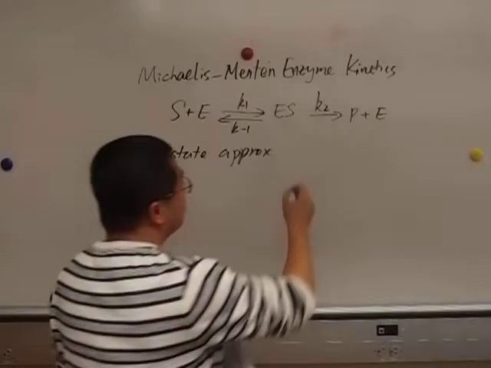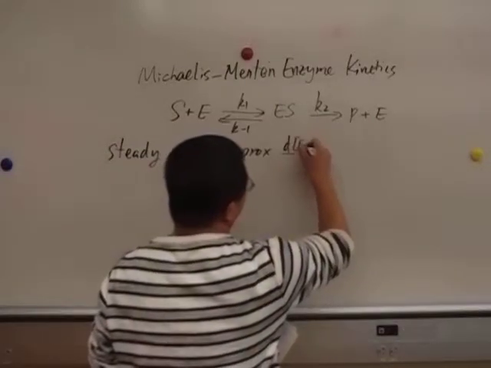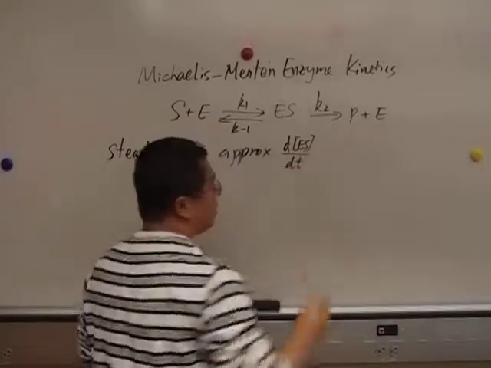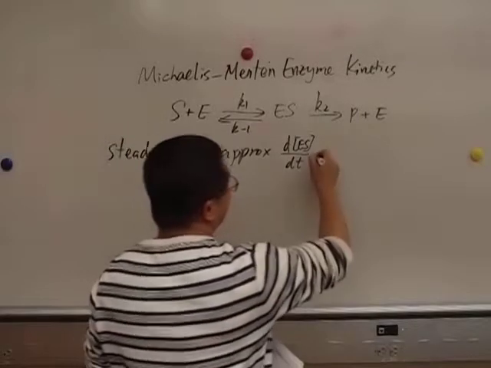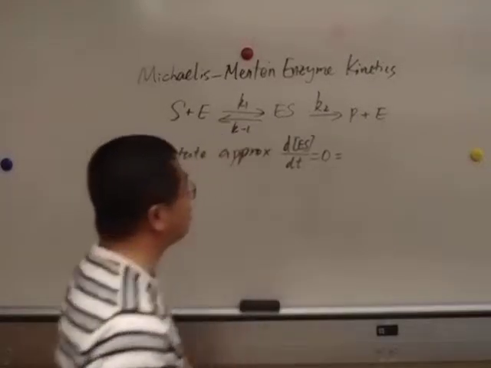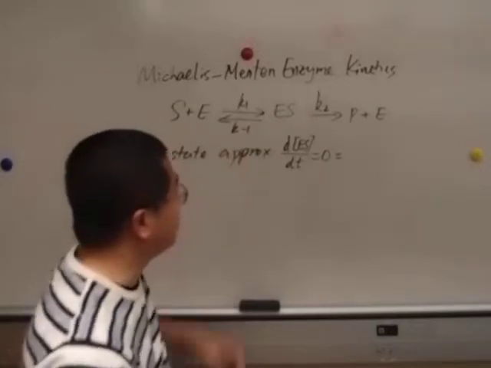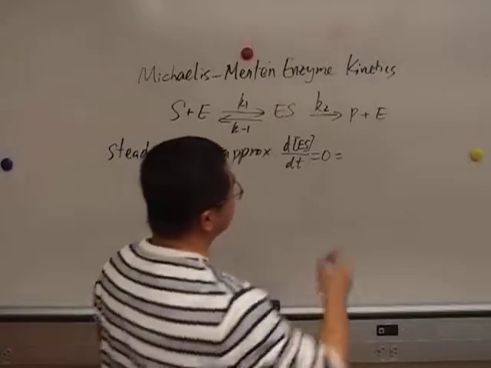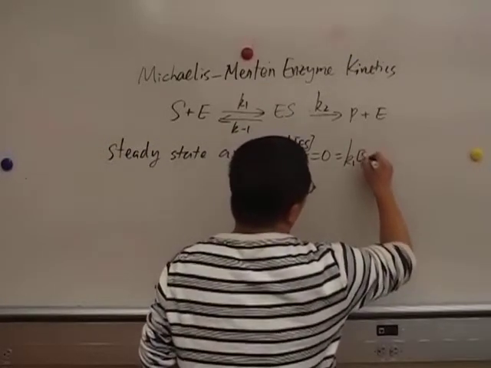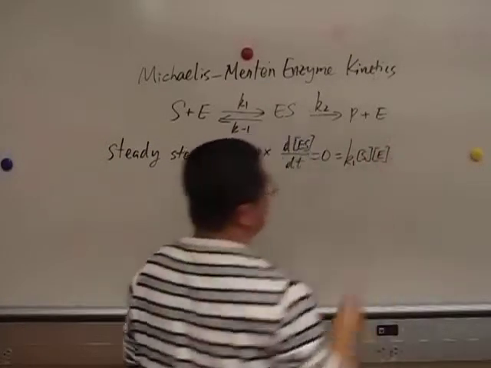The derivative of ES, which is simply the change of ES with respect to time, is roughly 0. And also, ES is involved in 3 elementary reactions. It's produced in this forward reaction, so we have the first positive term.